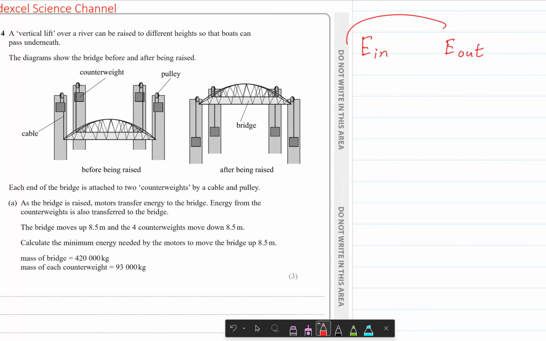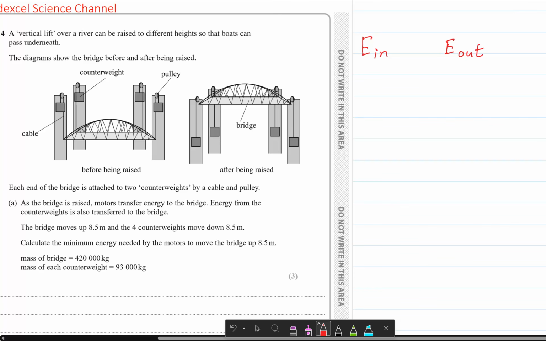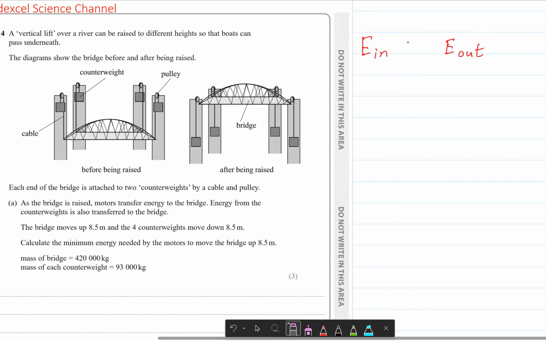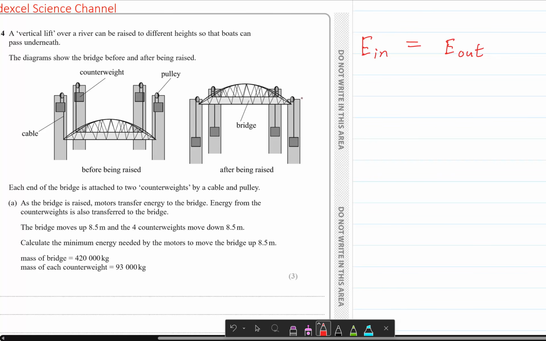The law of conservation of energy says that energy cannot be created or destroyed, but it can be transferred from one form to another. Meaning that however you have gotten the energy and however you have spent it, it must be equal.